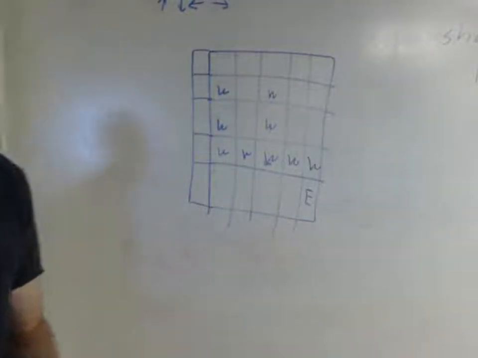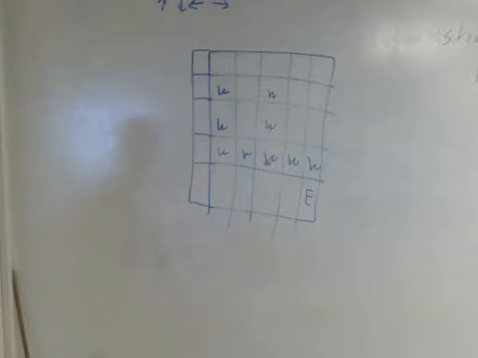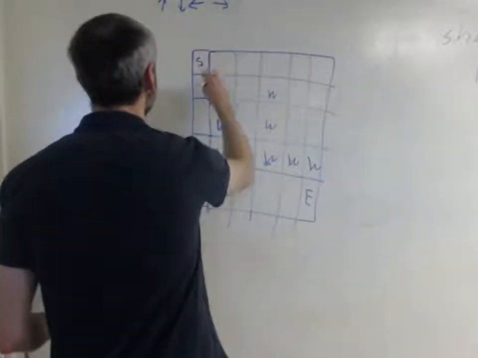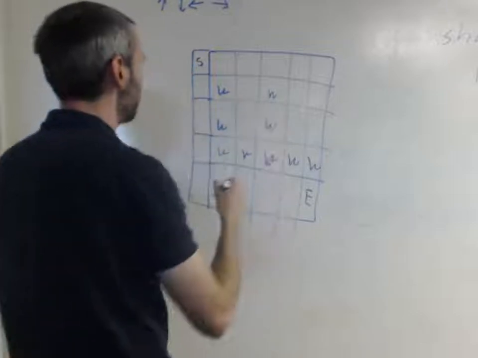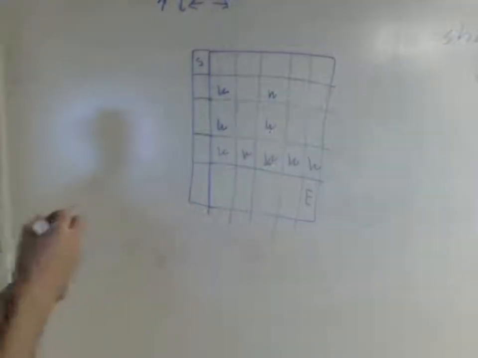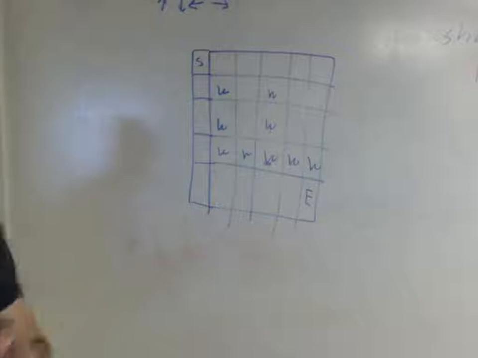Okay. So 1, 2, 3, 4, 5, 6, 7, 8. All right, good. Perfect. Okay, let's do this one.